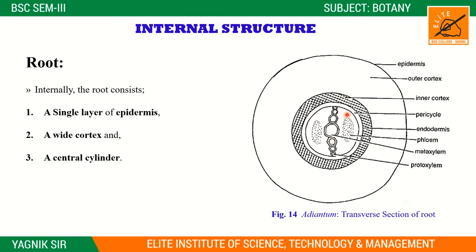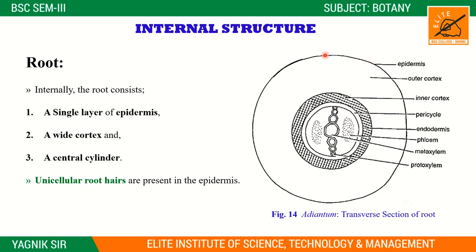And the last region is the central cylinder, and the central cylinder is called the vascular system, the vascular bundle, right? And this vascular bundle consists of the xylem and the phloem, right? So normally in the root, unicellular root hairs are present on the outer side, right?